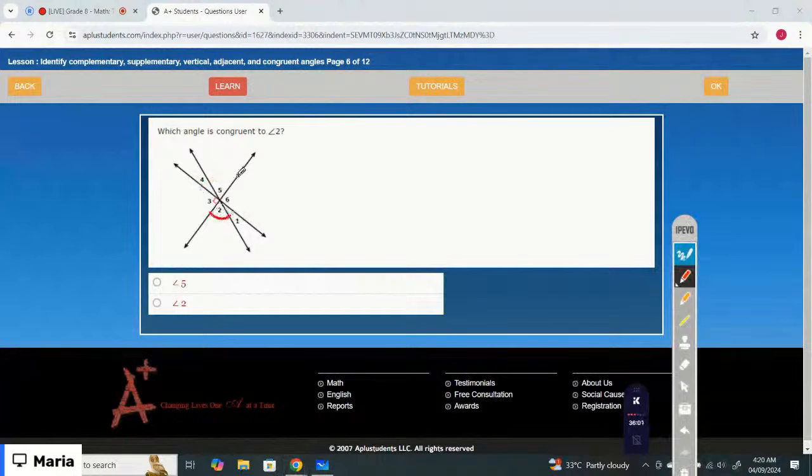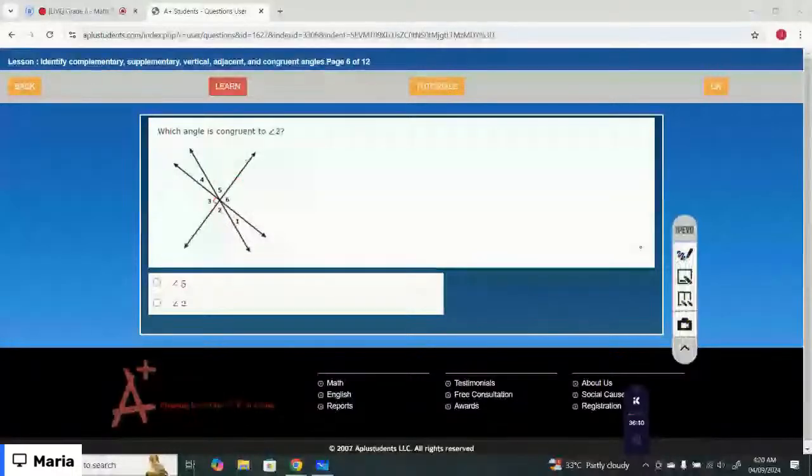Here is angle 2 and the congruent angle is angle 5. Option number 1 is the correct option, right?